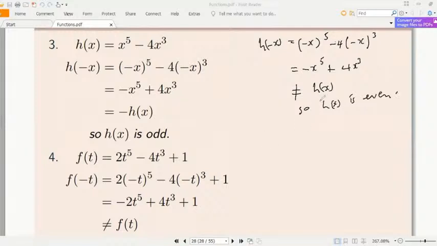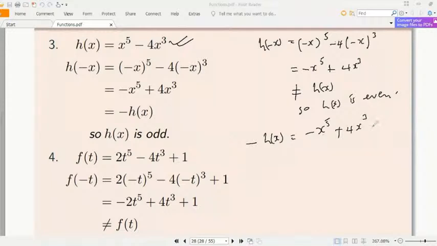If it's not even, let me check whether it's odd. So I get negative multiplied by h of x. If I multiply h of x by negative, I will have negative x raised to 5 plus 4x.